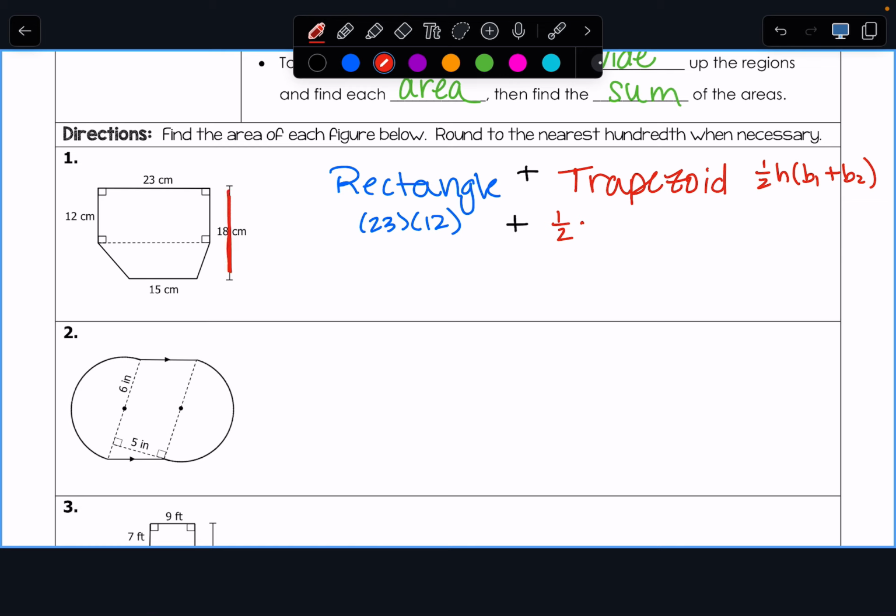If this whole thing is 18 and this is 12, then we have 6 left over. Okay. What's base 1? Okay, I heard 23, which means our other base is 15. Base 1, base 2, I don't care which base is which. Okay. All right. Calculate the area.